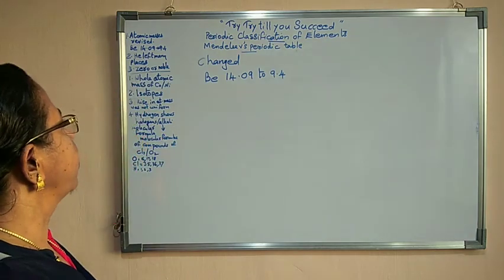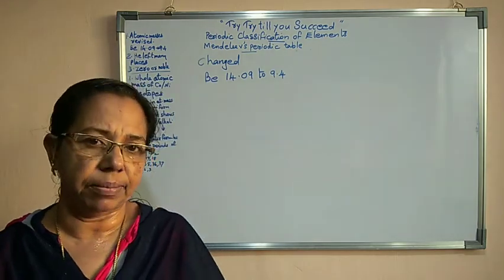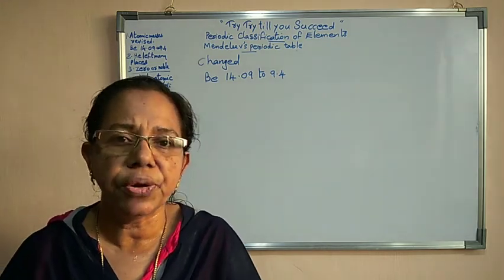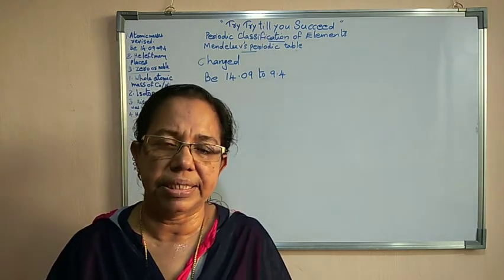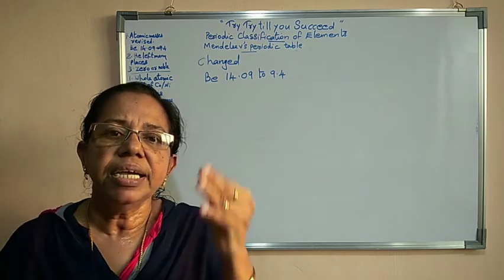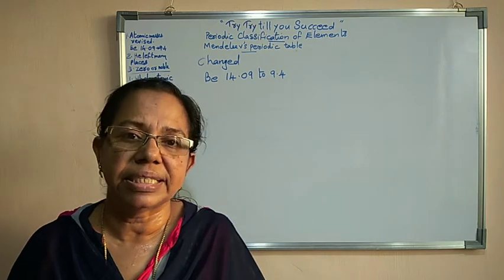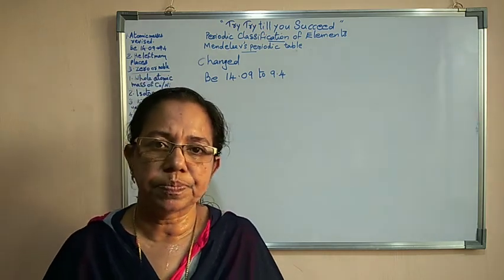Now we are studying the second merit of Mendeleev's periodic table. He left many places in his periodic table for the undiscovered elements. Here are some vacant places. He put some atomic masses, but he left the places without naming them.